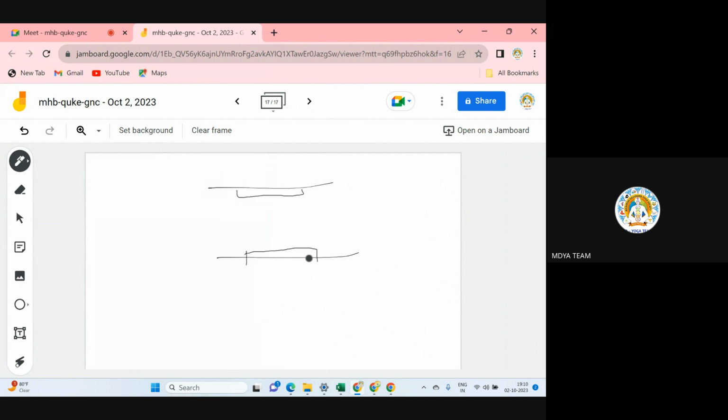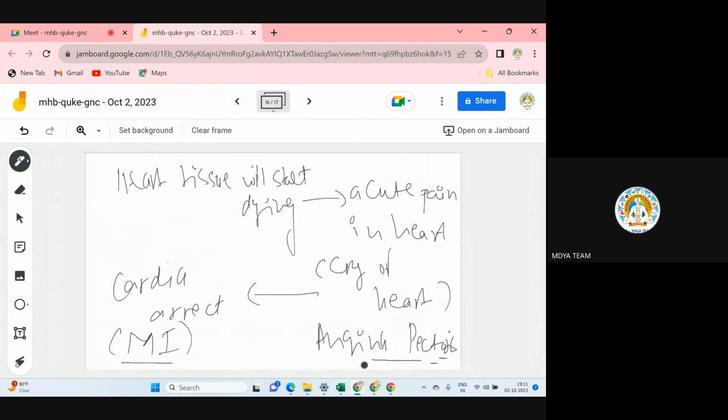And at the age of 40, 50, 60, based on our dietary habits, this layer starts becoming thick. When it becomes so thick that it directly blocks the artery, the patient directly gets angina pectoris. That's why it is known as a silent killer: at first there is no symptom, the patient just has a little pain in the heart that is not always present.